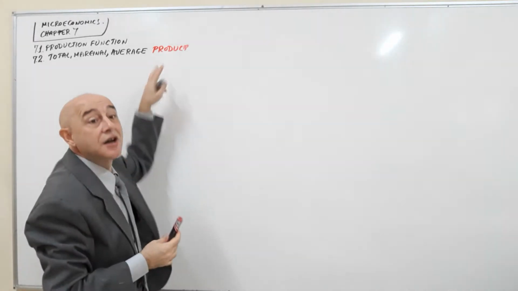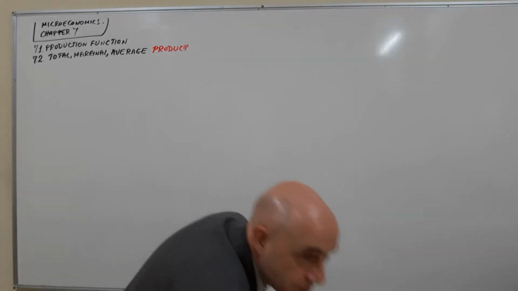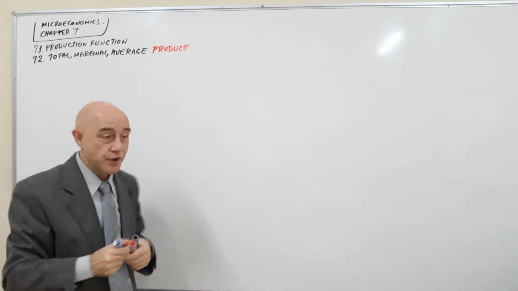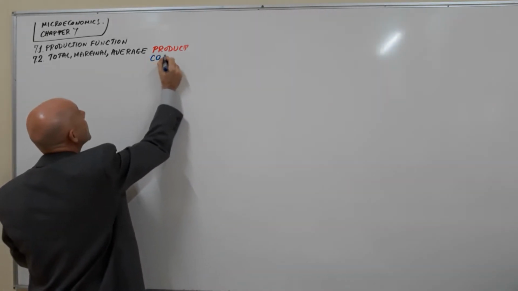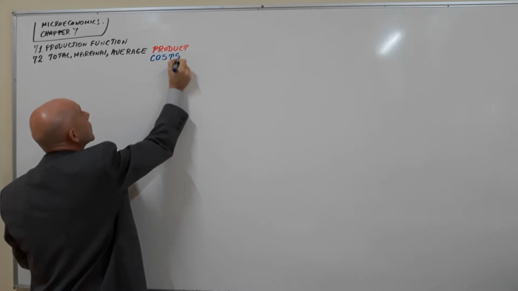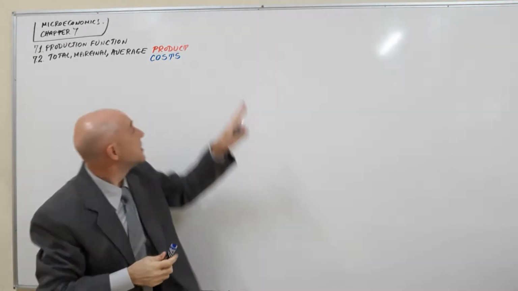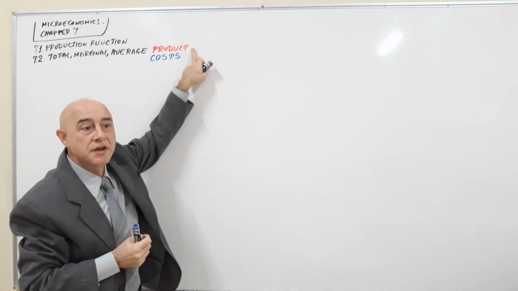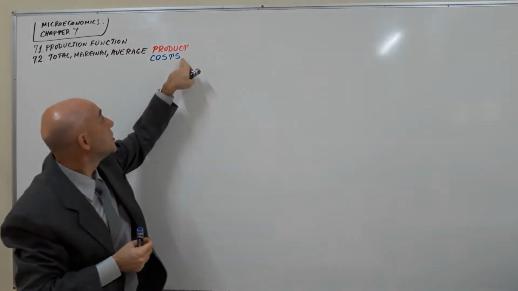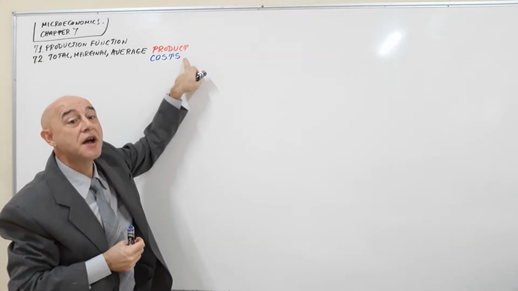Now, in the next chapter, next week, we'll be talking about total product, average costs. In other words, now we talk about technology and real product. Here we will introduce prices.